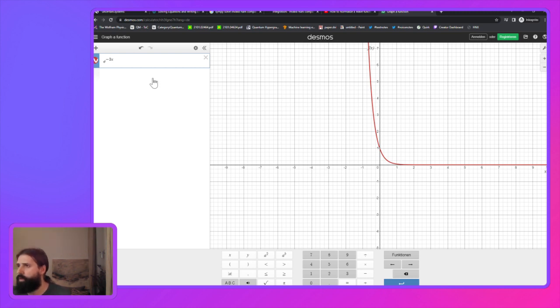What happens if we increase this, like 4, 7?